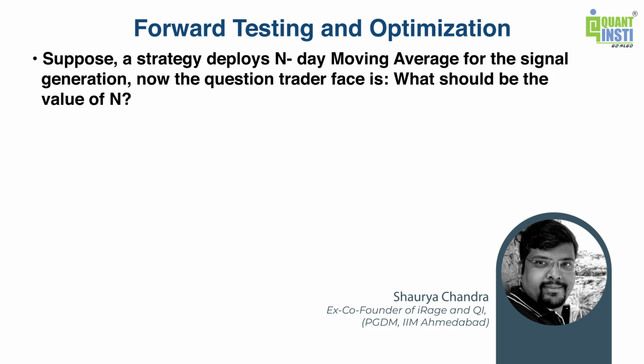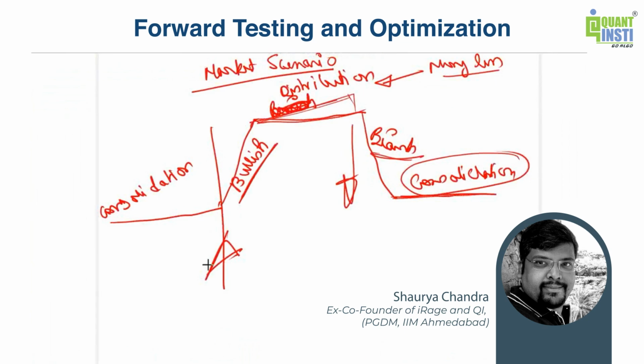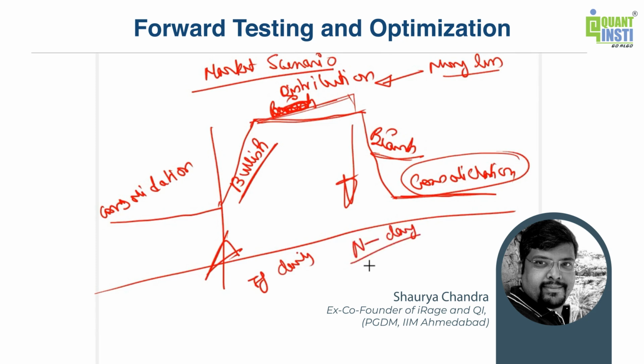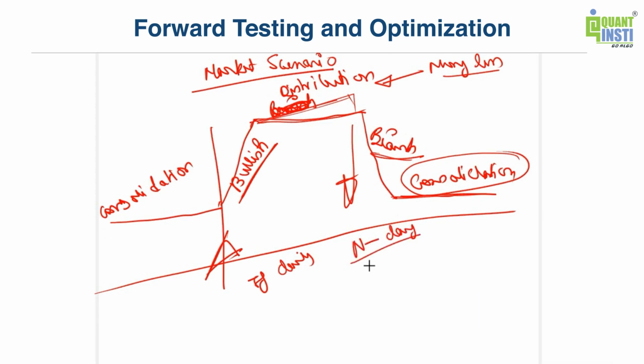As I was just talking about, let's take a sample hypothesis which we will be using in the later half of this lecture: if my daily price closes over the n-day moving average, then I will buy, and if my market price closes below the n-day moving average, then I will sell. A very simple hypothesis. I do not know how it works or does not work. I'm just taking it, maybe this gives me some idea of the trend.